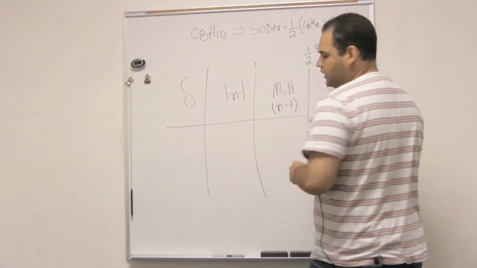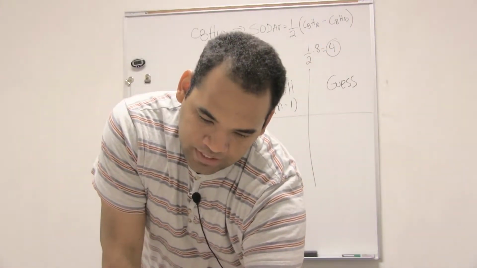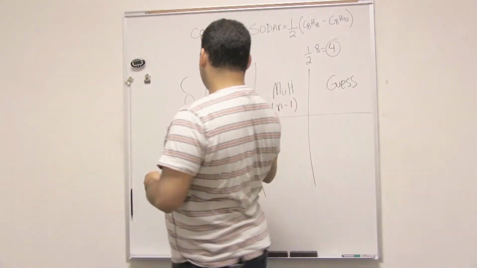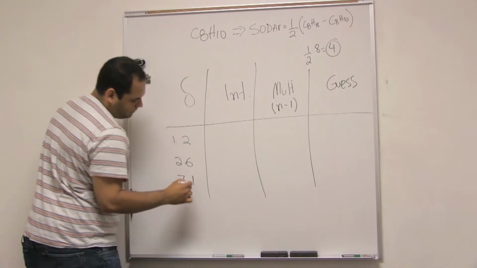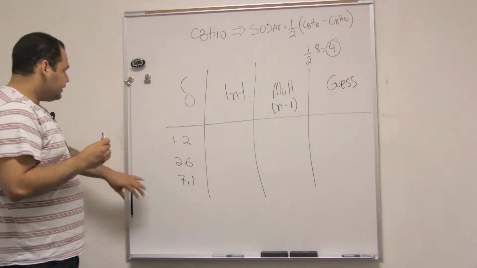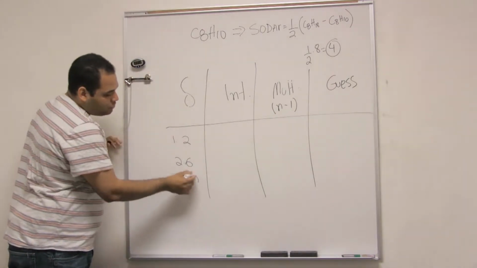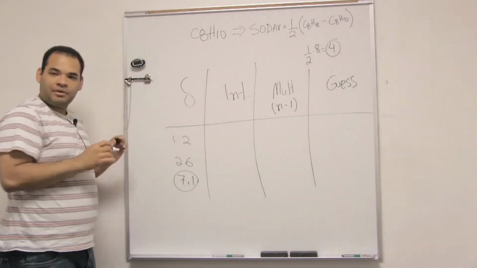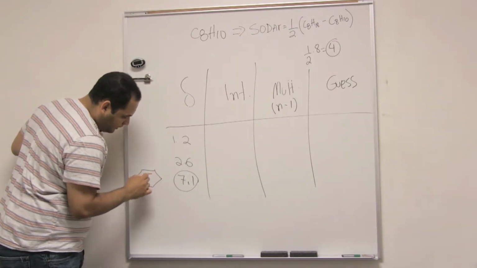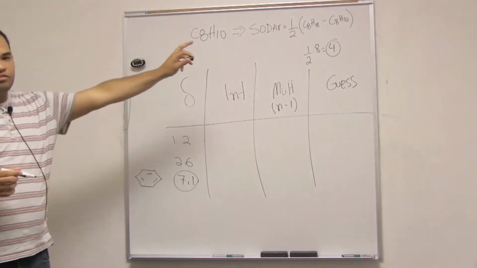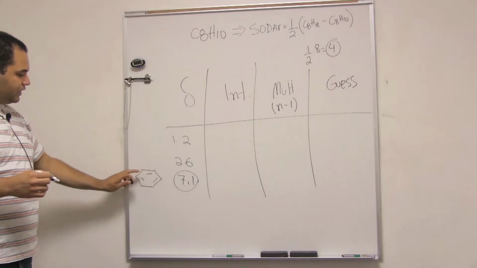So if you look here in your chart, it says 1.2, 2.6, and 7.1. Well, because I have that 7.1, and usually rings show up at 7.1, I know that maybe my 4 for my SODAR is just showing 3 double bonds and the cyclic.